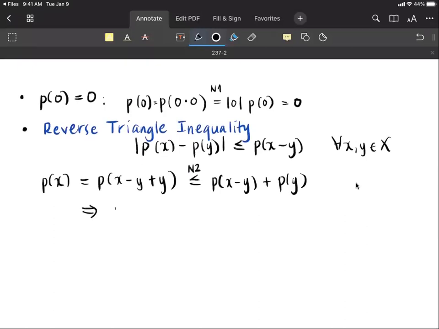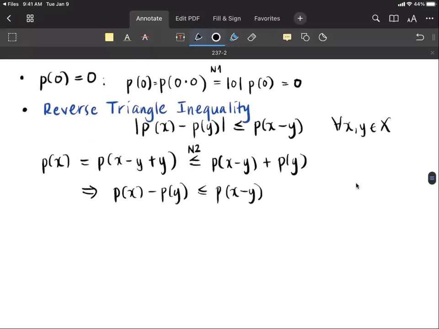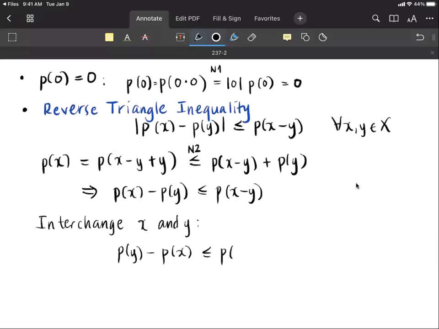And this implies that after subtracting p of y from both sides, we get this estimate. Now, let's say, interchange the roles of x and y. You end up with the following. So p of y minus p of x is less than or equal to p of y minus x.